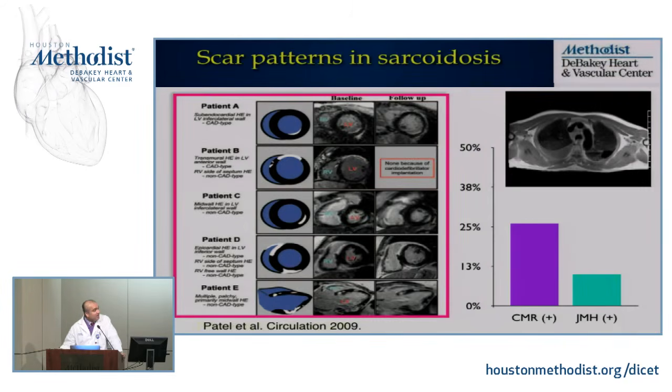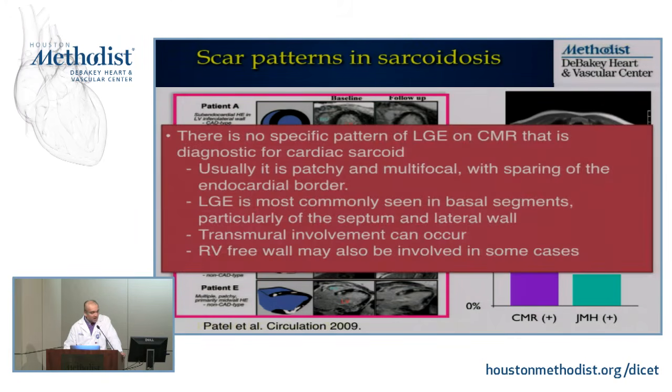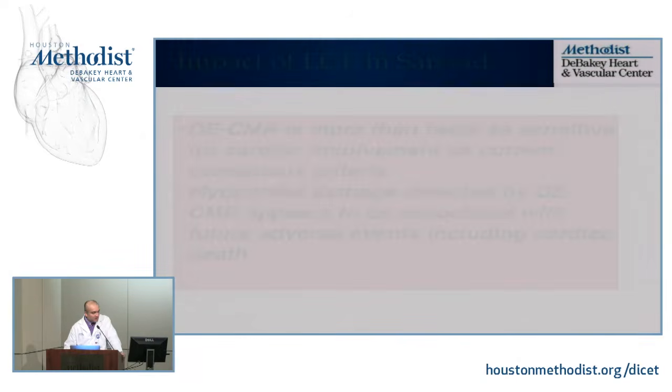This is a study which looked at, one, how prevalent is cardiac sarcoid when you use CMR criteria versus the traditional Japanese Ministry of Health criteria. And in this cohort of 100 patients with known extracardiac sarcoid, the prevalence of cardiac involvement was almost 25%, whereas only 10% of those are identified using the traditional Japanese Ministry of Health criteria. And then, let me skip forward here.